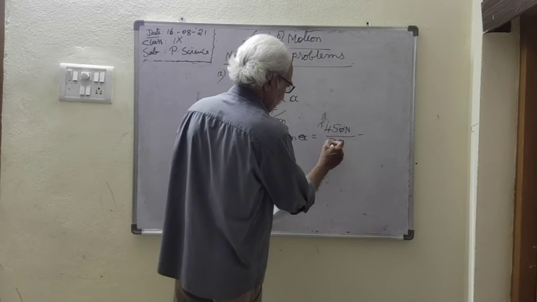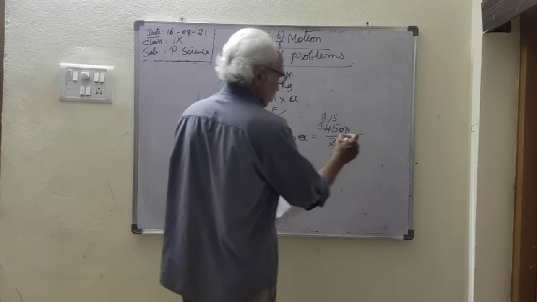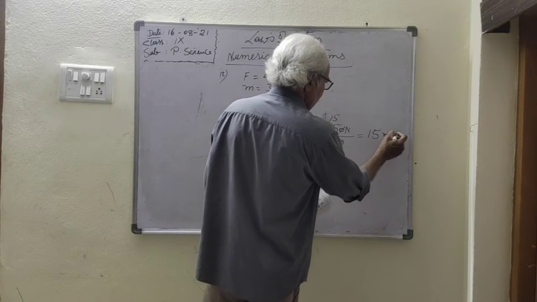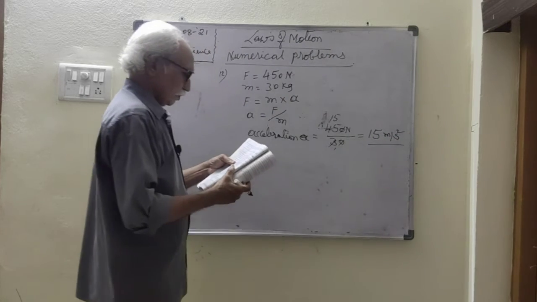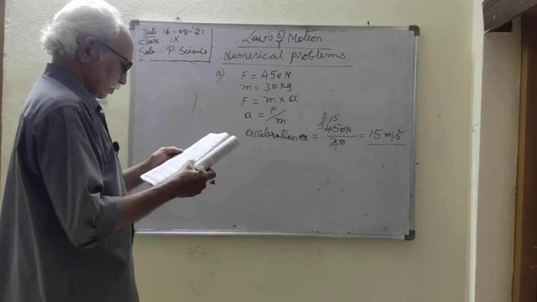The zero cancels, and you can write 15 meters per second square. This is the acceleration. So, another one.